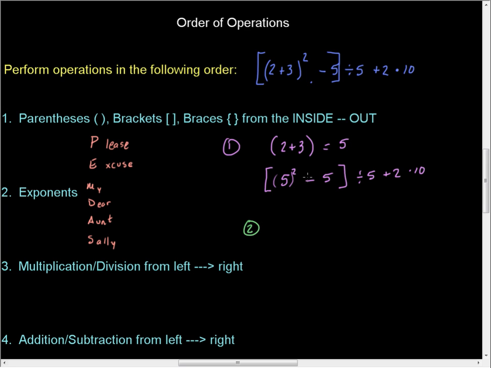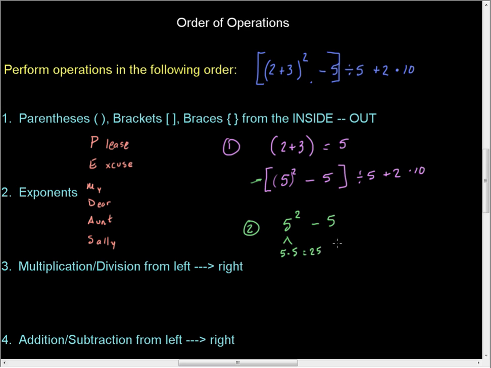So step 2, we're working now inside these brackets, and these are called brackets. We're going to work 2, 3, and 4 inside these brackets. So 2 says exponents, and so I'm going to take 5 squared minus 5. That 5 squared means 5 times 5, which is 25. Exponents first, we did that. Now multiplication, division, well, we don't have any.